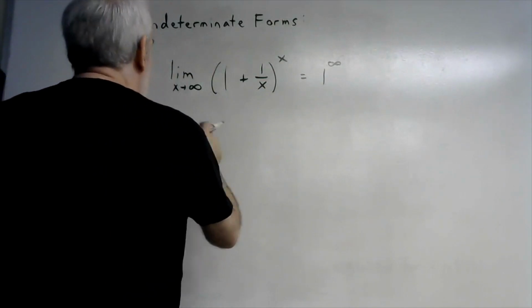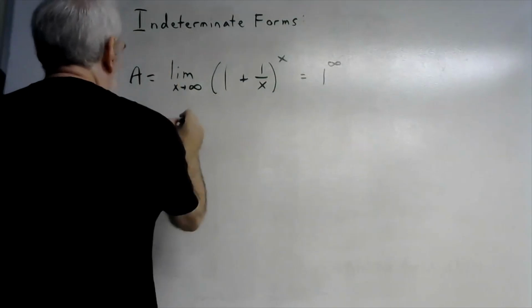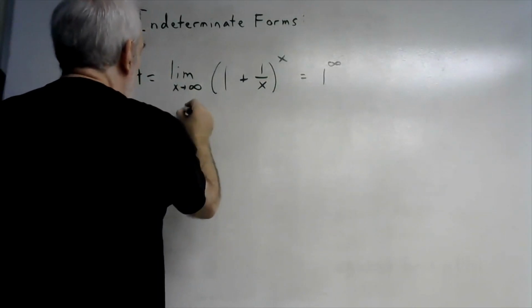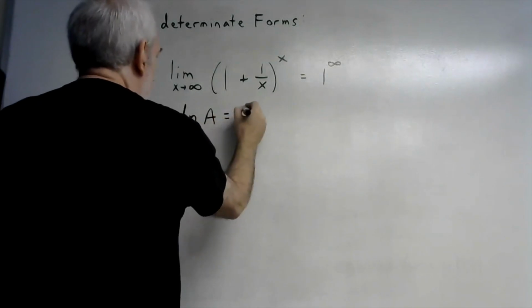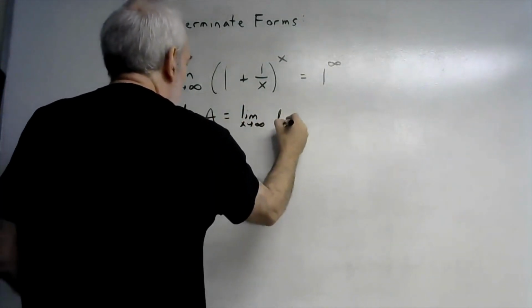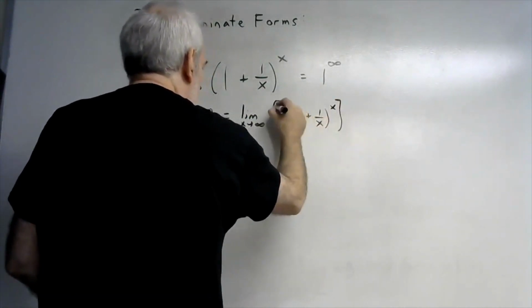Let's let this whole thing equal a, and take the natural log of both sides. So ln of a equals the limit as x approaches infinity of ln of that expression.